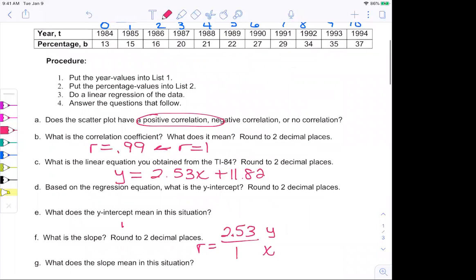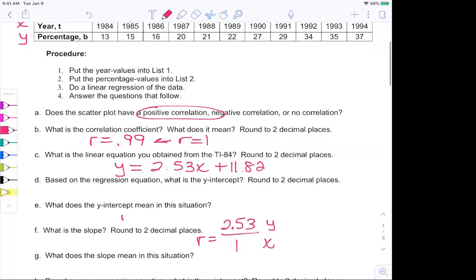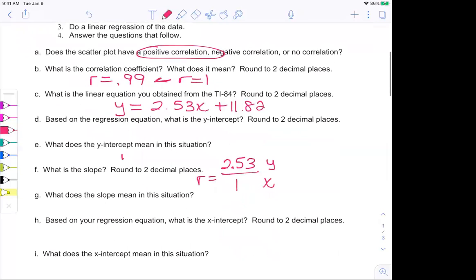If you go to the chart, I can see in the chart that my x term is the year. Yes, I know it says t, because usually t represents time. And the percentage they're saying is b, but really that represents our y value. So thinking about rise over run and the fact that we have years and a percentage, is somebody able to give us a sentence about what the slope means in the context of this problem?